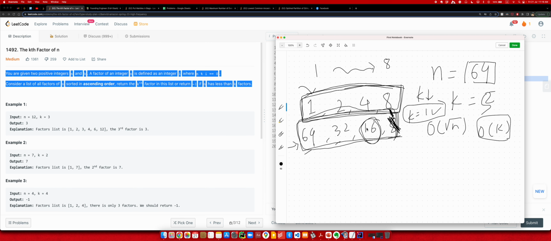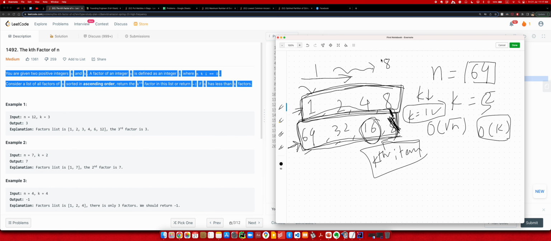So we traverse from left to right in this manner, store the pairs in another temporary array, and go from back to the front. That kth item is our answer.